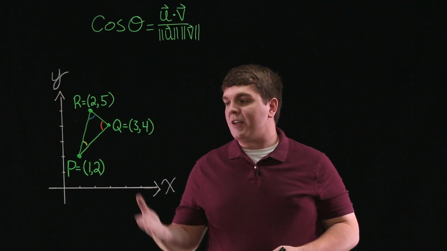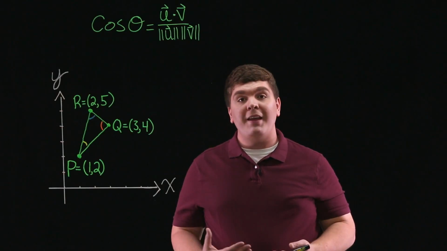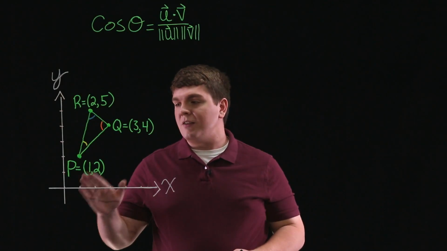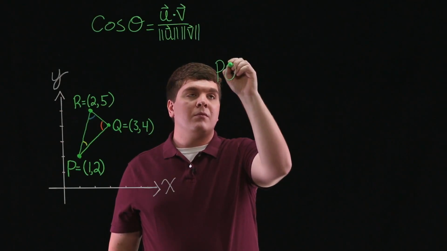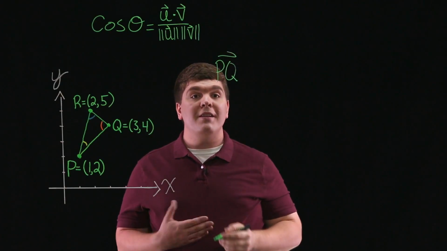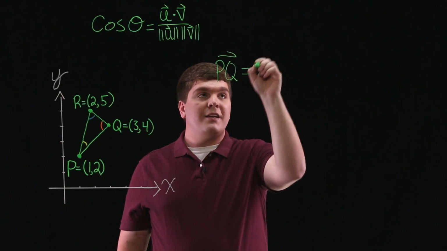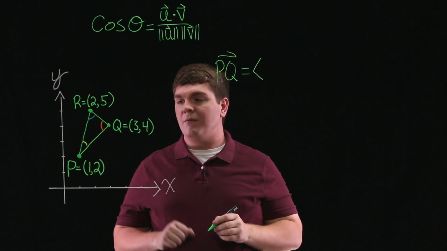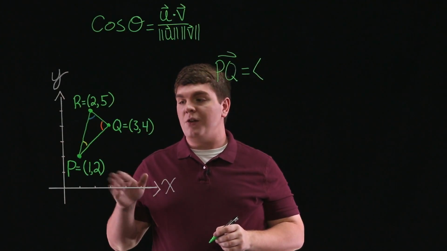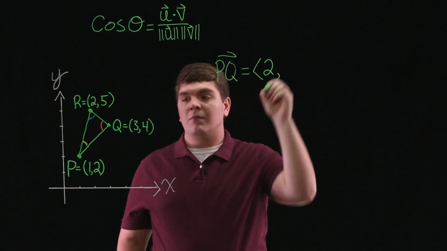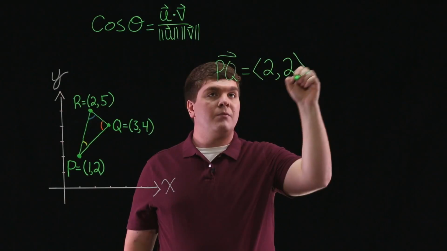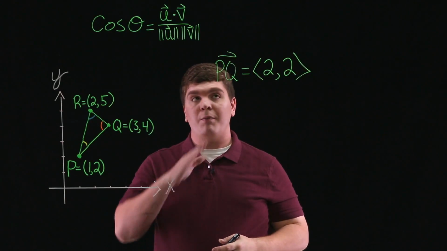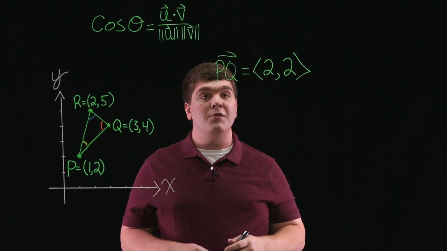Let's first begin by turning the sides of our triangle into vectors. Let's consider first the side PQ. To write this side as a vector, it's going to be 3 minus 1, which is 2, and 4 minus 2, which is also 2. So our vector PQ is the vector (2, 2).